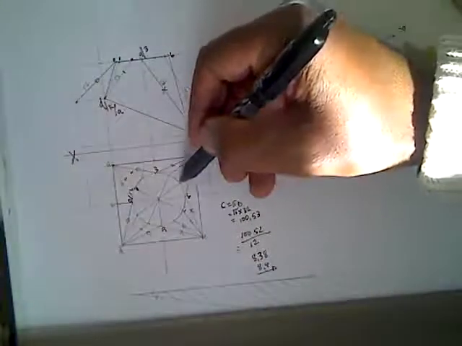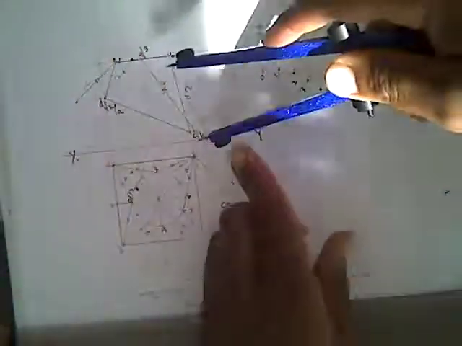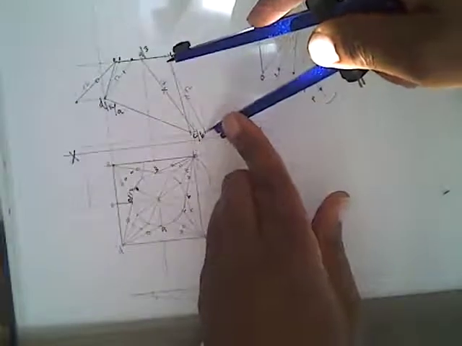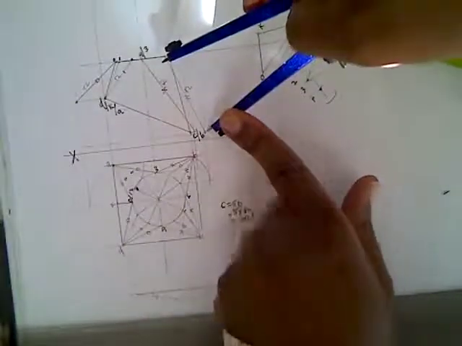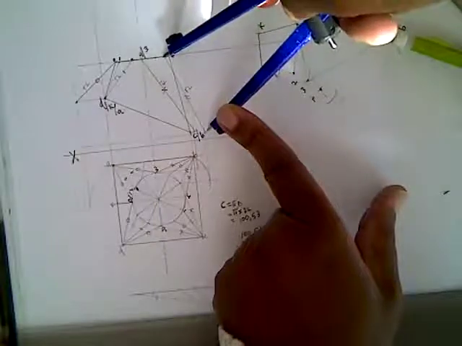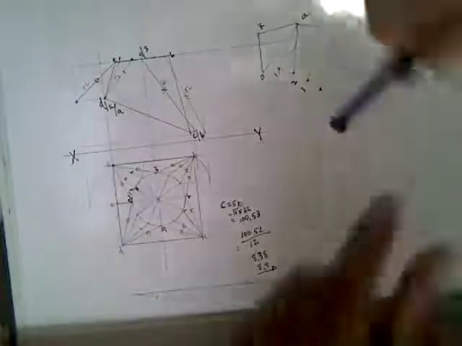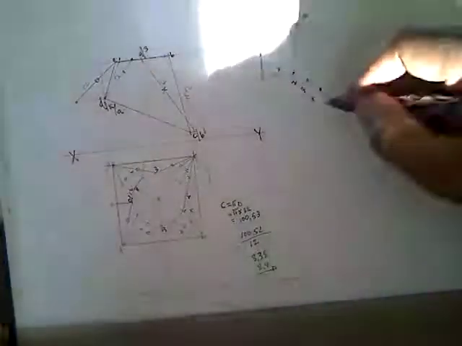From B to 5 is the same length as that one. Oh, it takes some time. There it is. From B to 5, my 5 will be here.